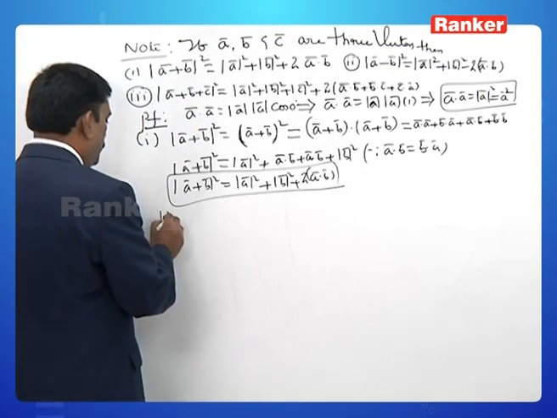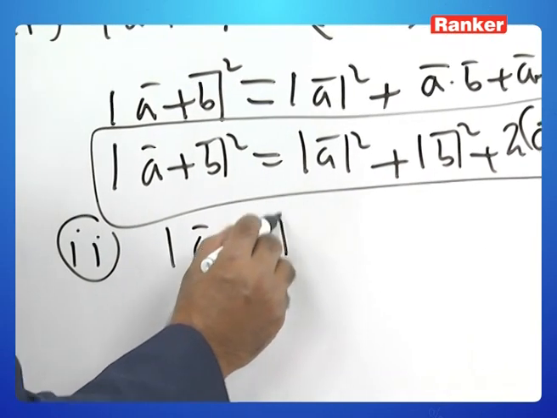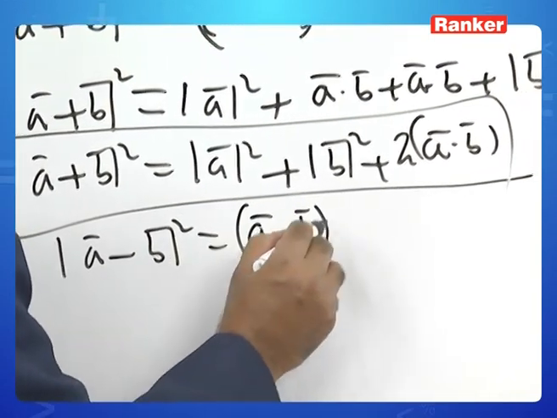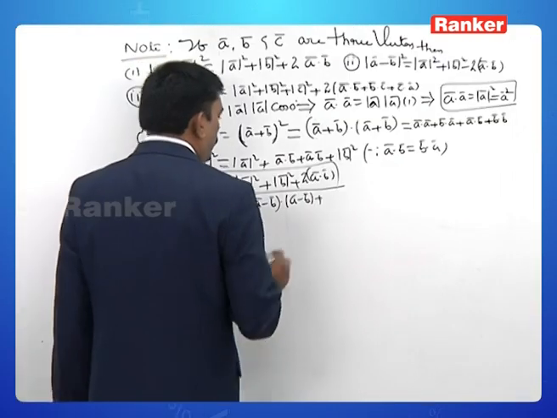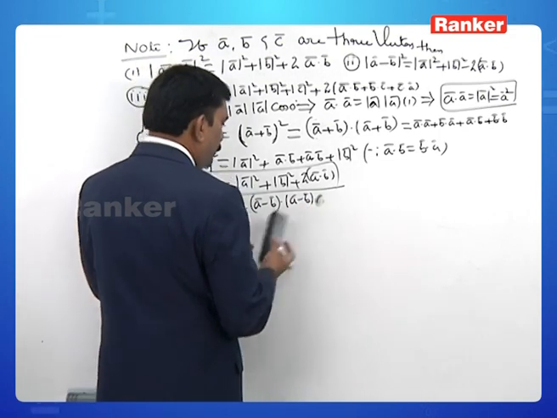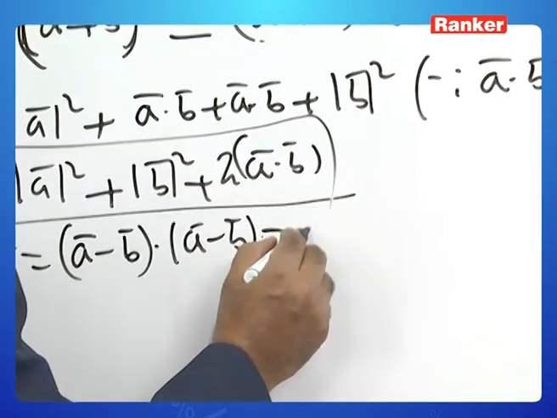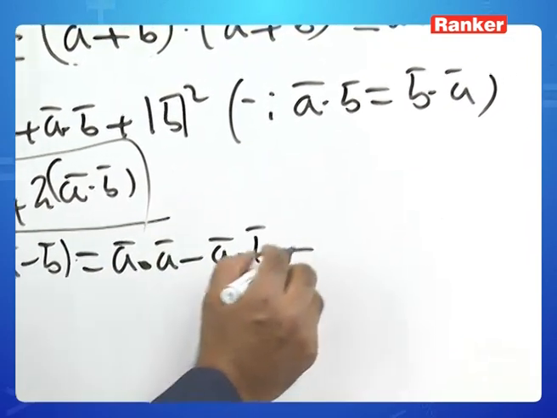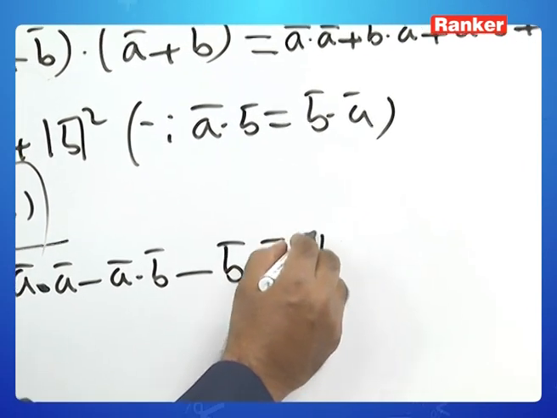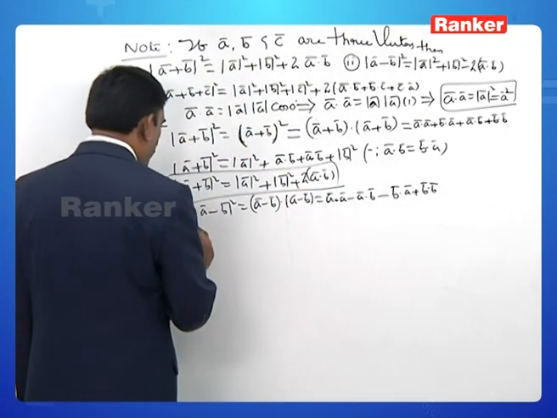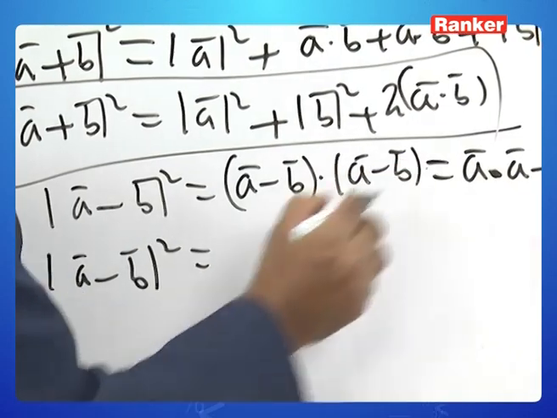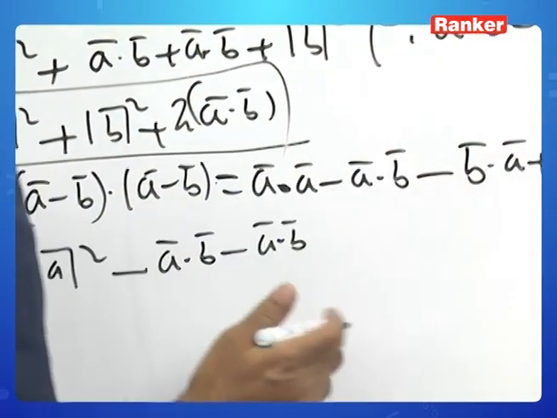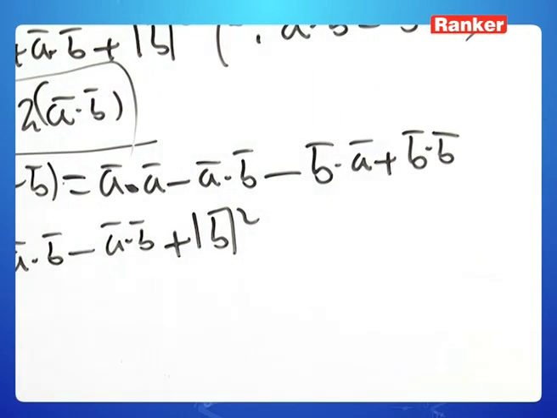In the same way, modulus of A bar minus B bar whole square can be written as A dot A minus A dot B minus B dot A plus B dot B, which is nothing but mod A whole square minus A dot B minus A dot B, since A dot B is equal to B dot A, plus modulus of B whole square.